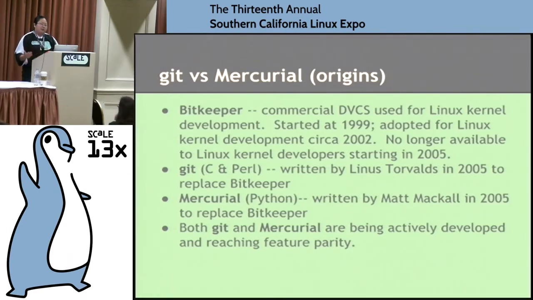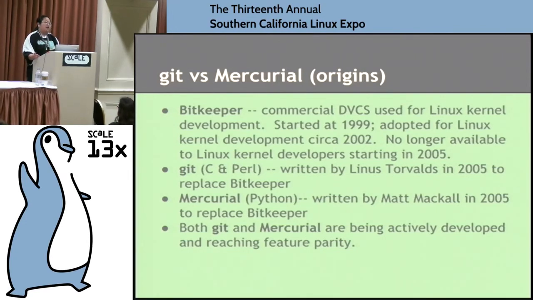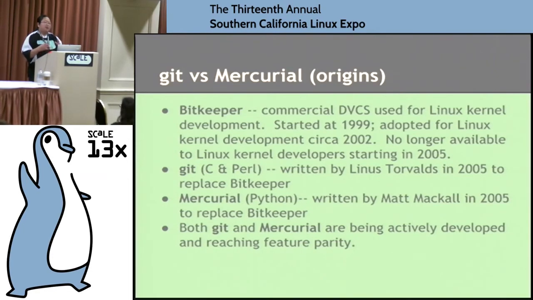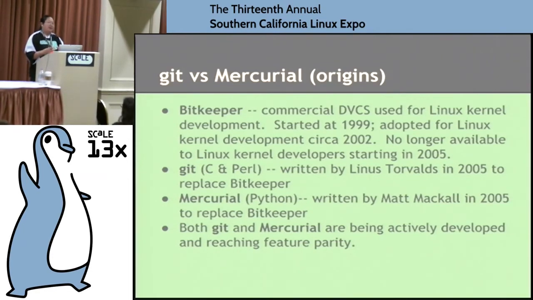So there are people that like Mercurial, but they still like some Git features, so somehow they get it into Mercurial. And likewise, in Git, you may have users that really like Git, but they like some of the Mercurial features, and so they start implementing them. In that way, Git and Mercurial start reaching a kind of feature parity. If you really want a feature, it probably exists.